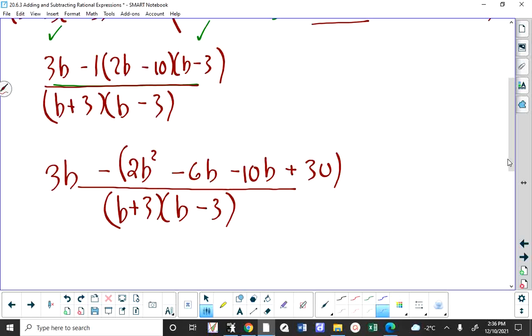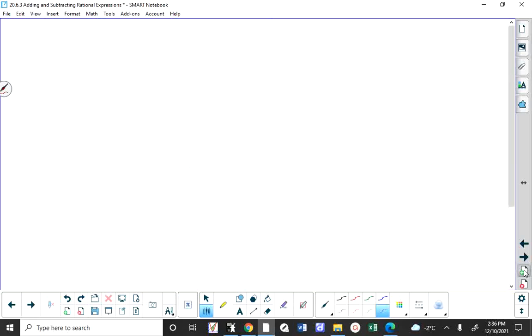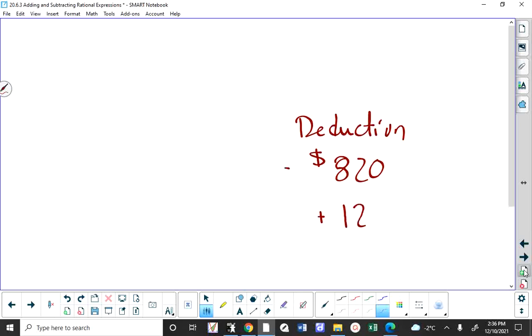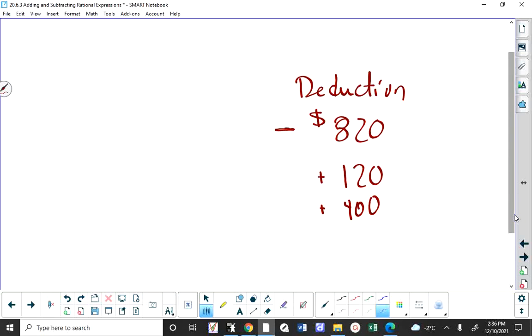If I was getting paid and I have deductions, and I have $820 in tax, and I'm going to lose that. What else do I have for deductions? I also have $120 for some other thing, and I have $400 for some other thing. And I'm going to take my pay, which is maybe $3,200, and I'm going to subtract that, right? I'm going to lose all that money.